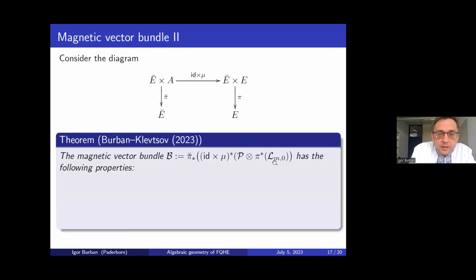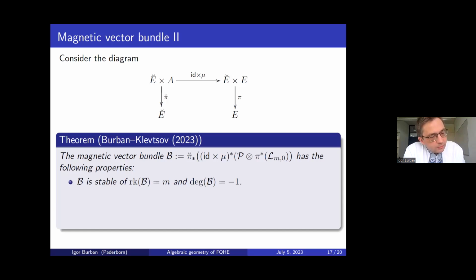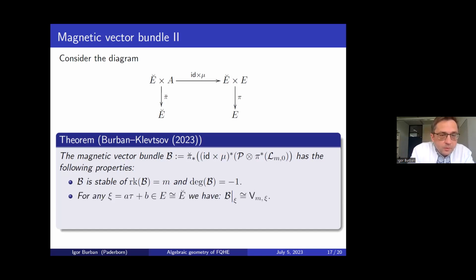We take a line bundle of degree m on E, pull it back, tensor it with the Poincare line bundle on the product, pull it back again, and take the direct image. These are some standard operations in algebraic geometry. And in general, it is just a coherent sheaf. But in this case, it's a vector bundle satisfying the following properties. It can be checked that this vector bundle is stable of rank m and degree -1.